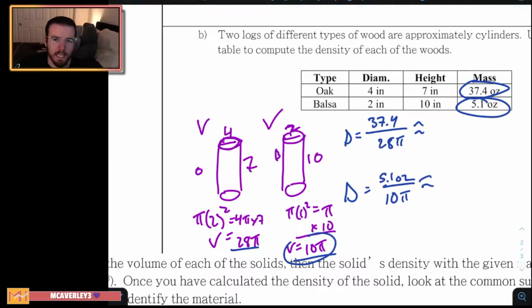So what are the answers that I get here? 37.4 divided by 28 pi is 0.43, and density is ounces per inches cubed here.